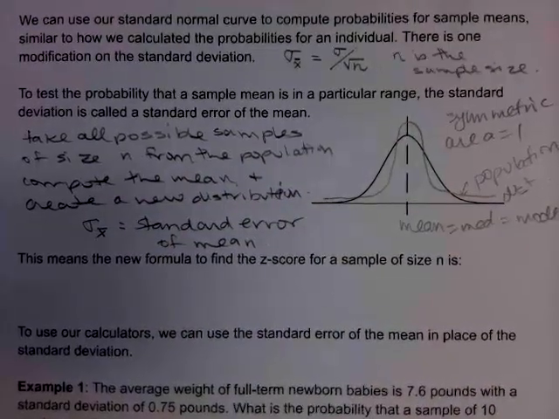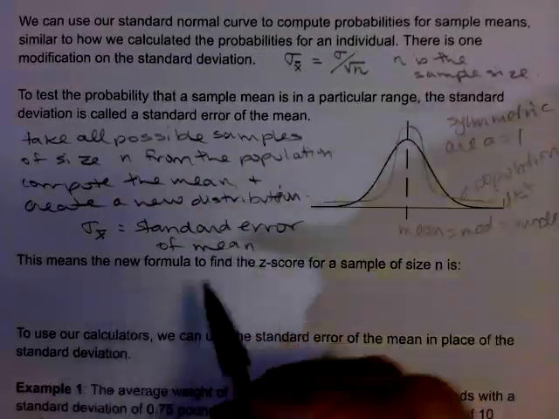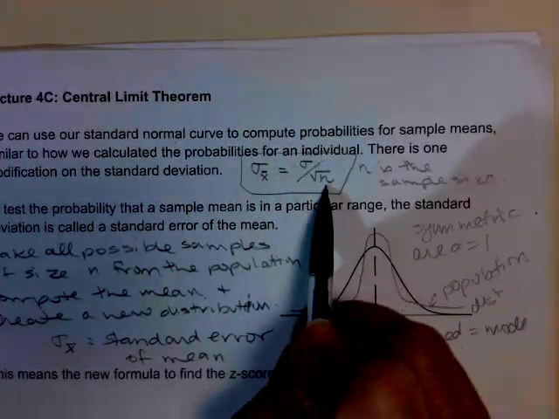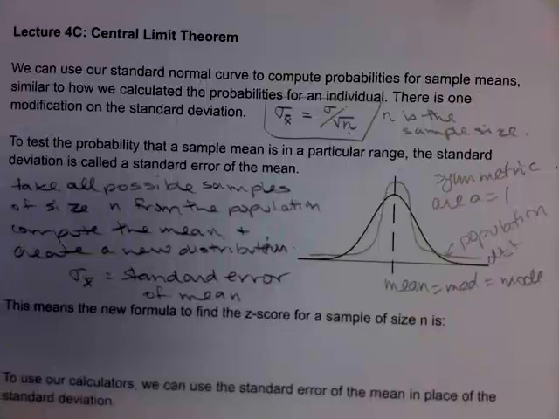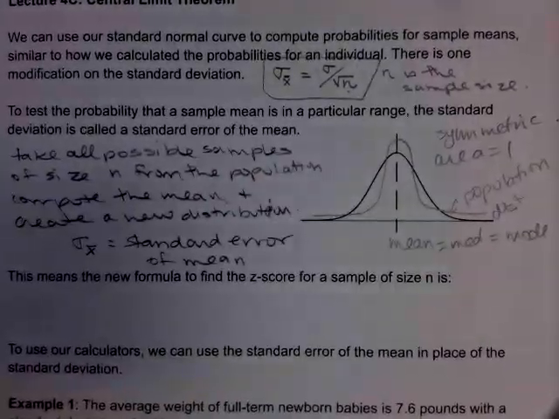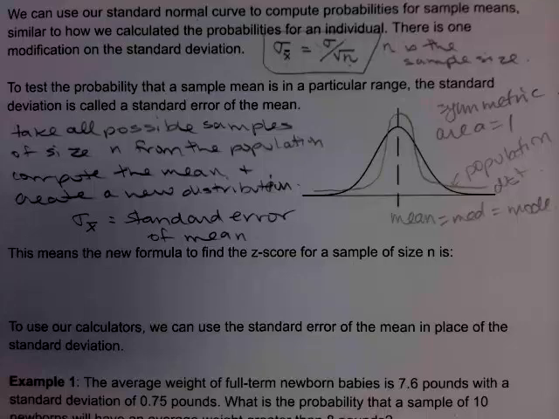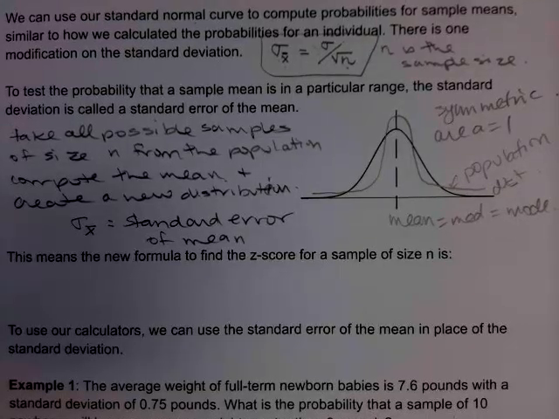So when we're doing these questions, how do we know if we divide our sigma by the square root of n, or if we just use sigma, the standard deviation? Well, it all has to do with whether you're asked about the probability of an individual.